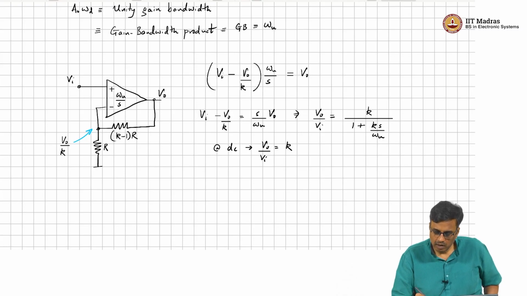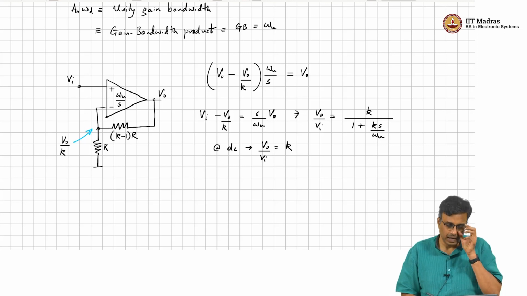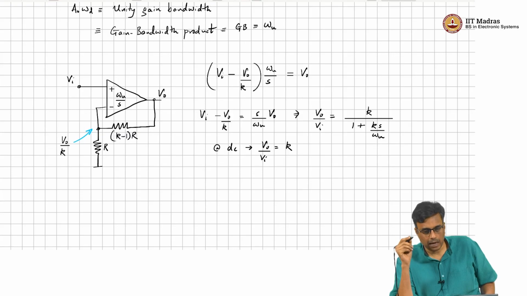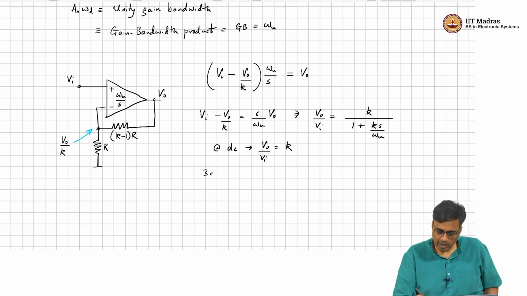All right. So at DC, of course, since the gain is infinite, VO by VI is simply K. What is the 3 dB bandwidth of the closed loop amplifier?